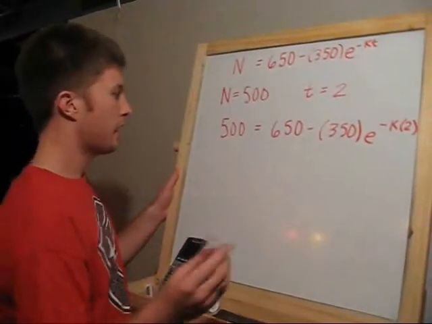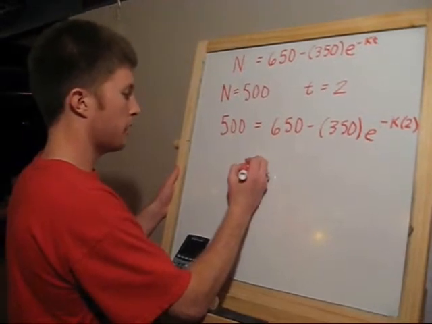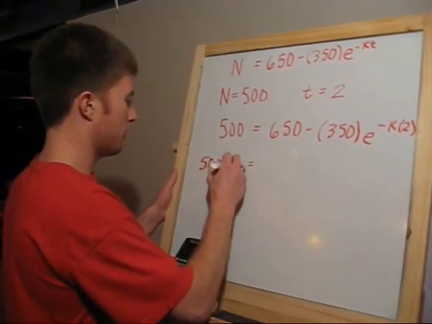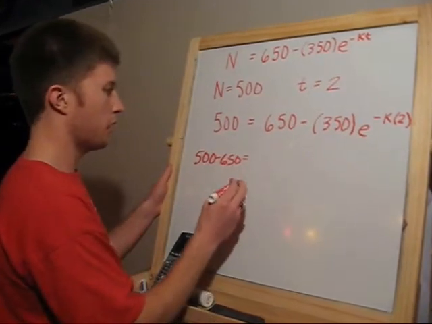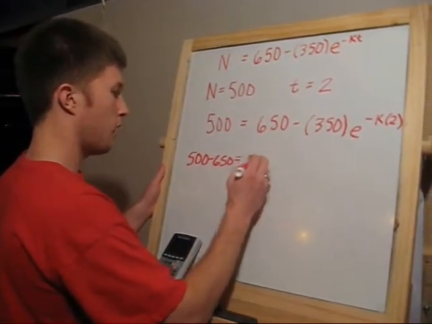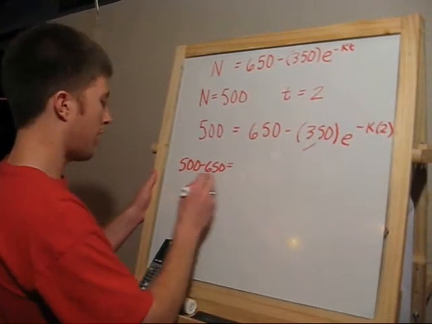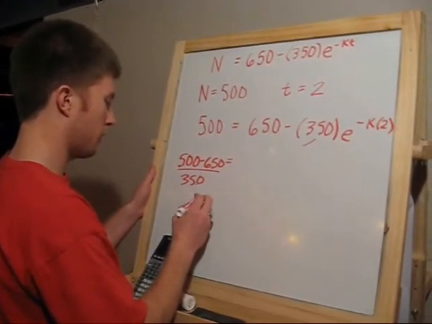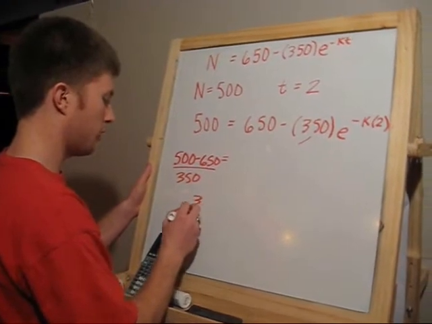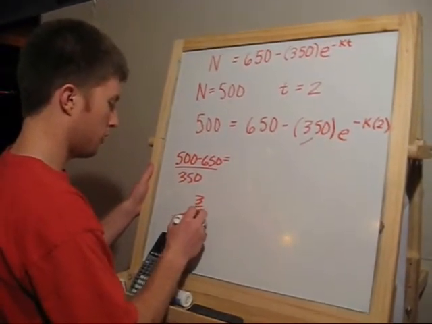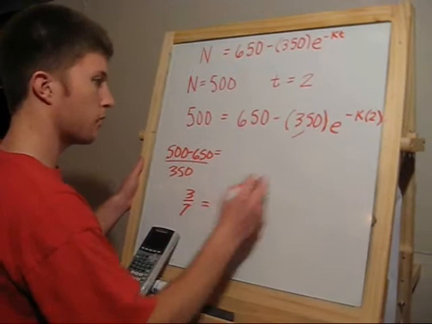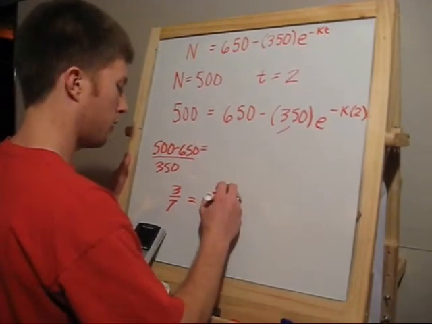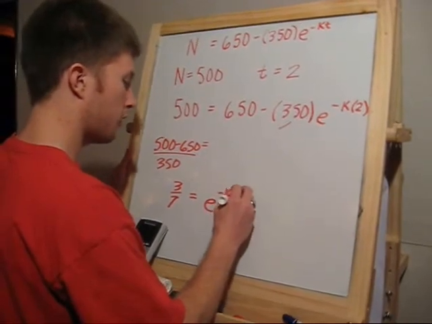Next we're going to isolate k by first bringing 650 over to the left side and dividing that by 350. So we come out with 3 over 7 equals e to the negative k times 2.